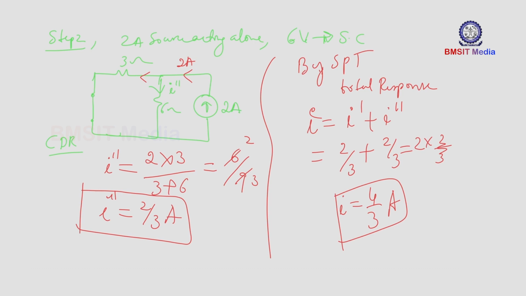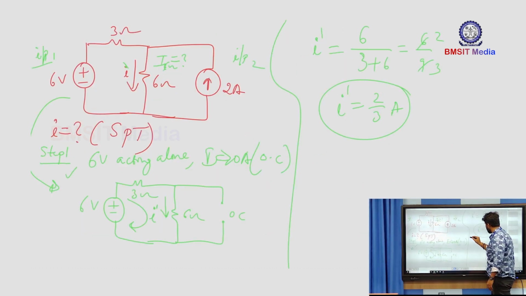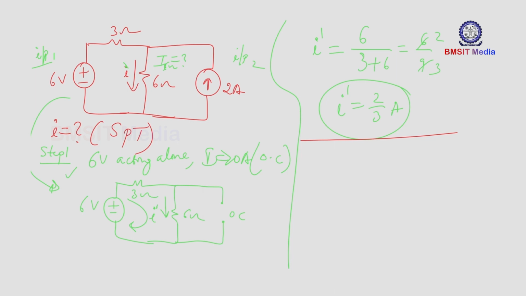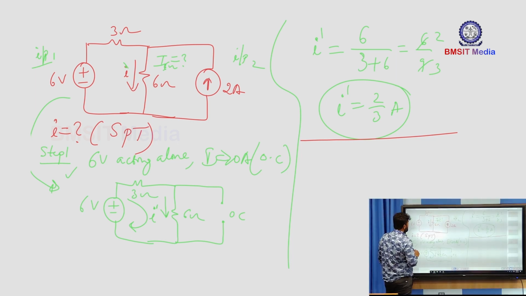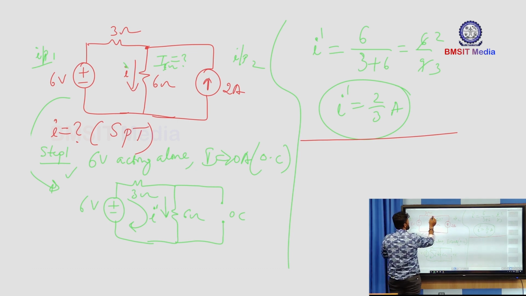Now let us verify, in a single step, whether the value of I that we got using SPT is valid or not. The main aim is to find out the current that flows through the 6 ohm resistance. So, I will just apply KCL at this node.